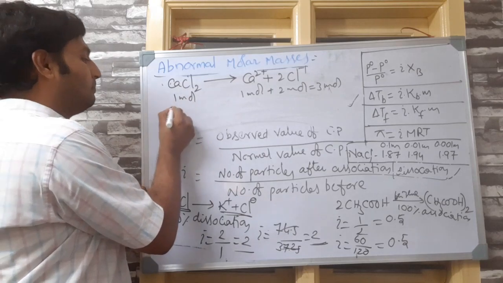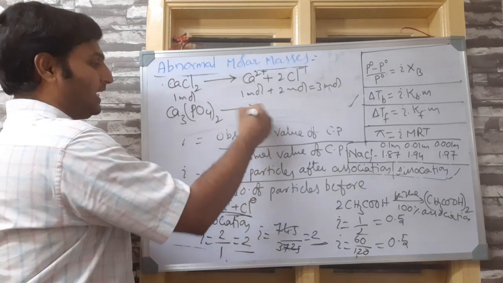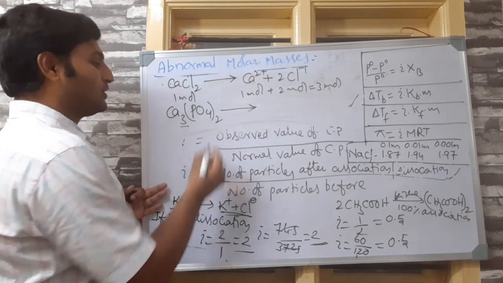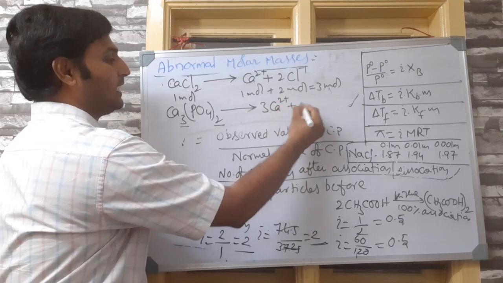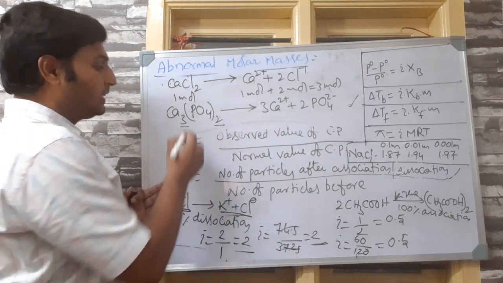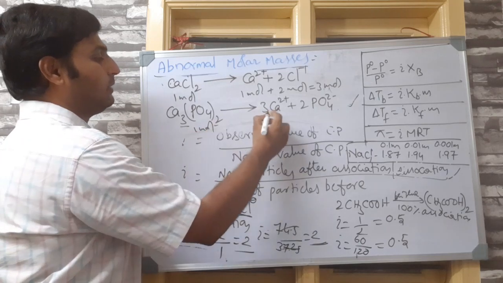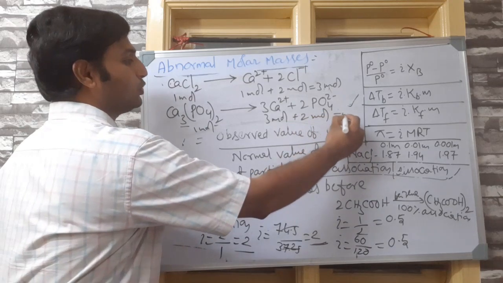Similarly, say you take a salt like calcium phosphate, Ca3(PO4)2. You can notice there are 3 moles of cations and 2 moles of anions. So 3 moles of Ca2 plus ions and 2 moles of PO4 3 minus ions will be formed. That means every 1 mole of calcium phosphate becomes 3 moles of calcium cations and 2 moles of phosphate anions, so totally 5 moles.